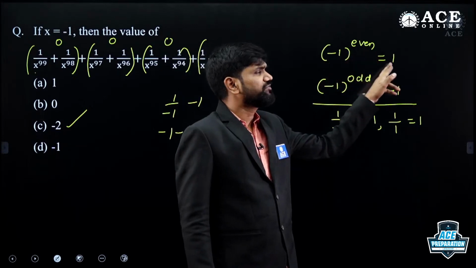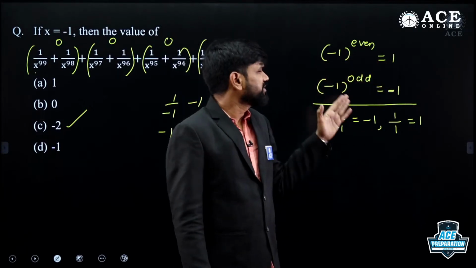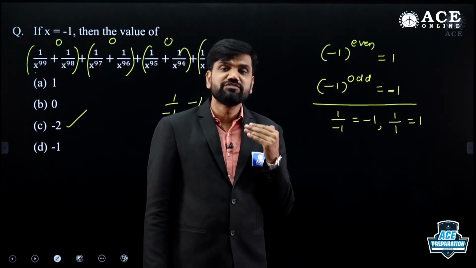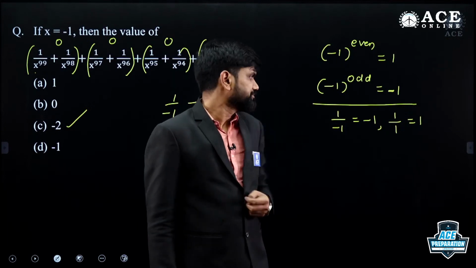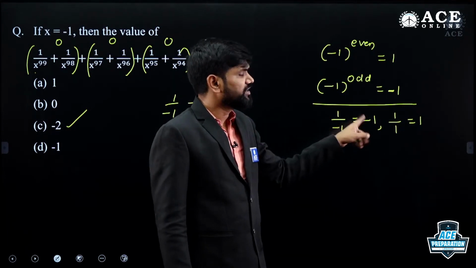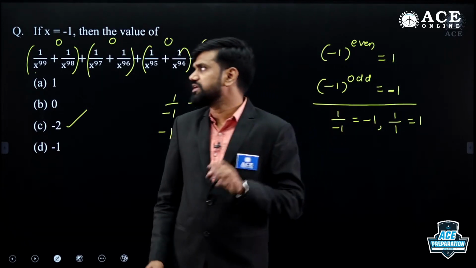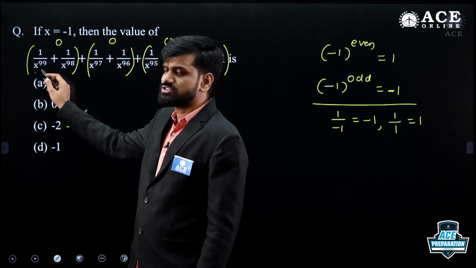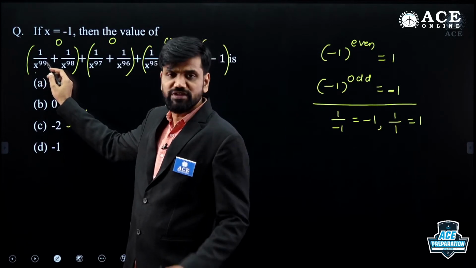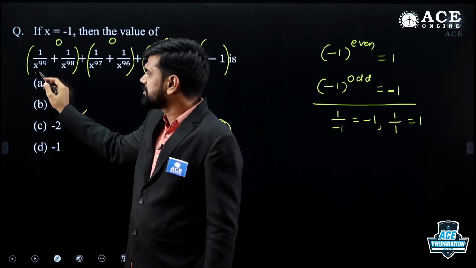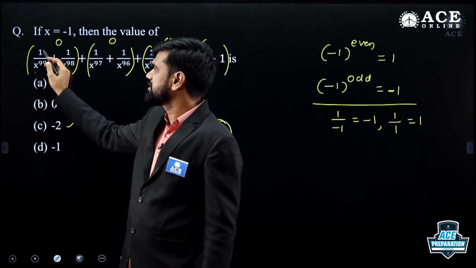So I repeat, I am just going for the very basics here. Minus 1 to the power of even will always give you plus 1. Similarly, minus 1 to the power of odd will always give you minus 1. Second, 1 by minus 1 will give you minus 1. 1 by 1 will give you 1. Now if I am substituting minus 1 over here, minus 1 to the power of odd will give you minus 1. So 1 by minus 1 will give you minus 1.